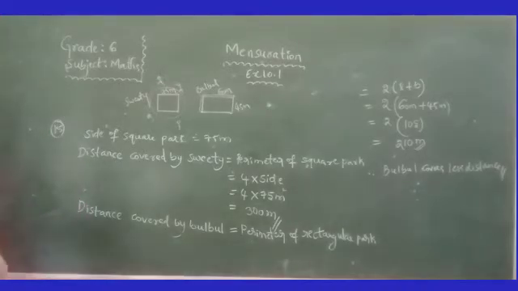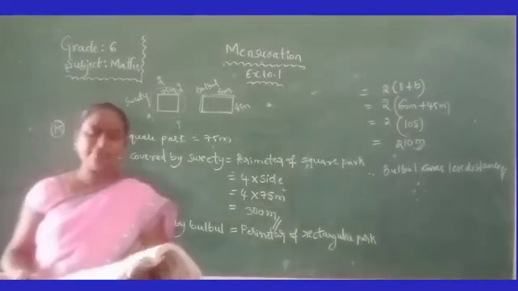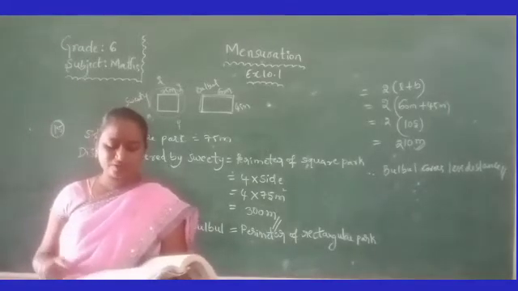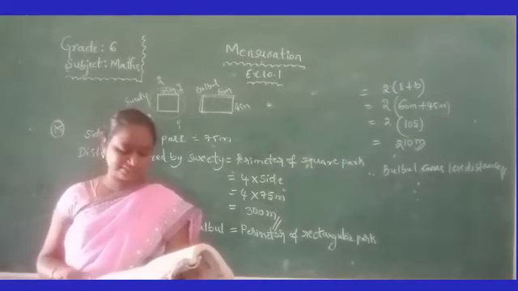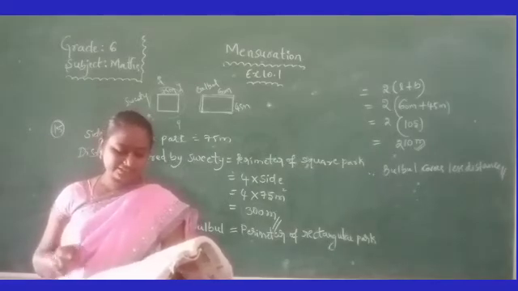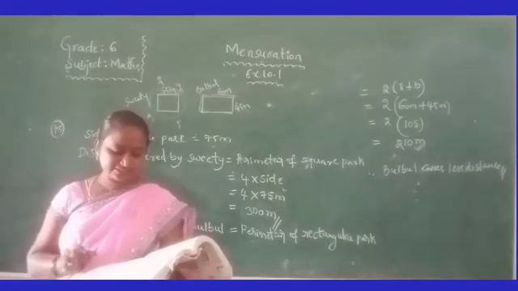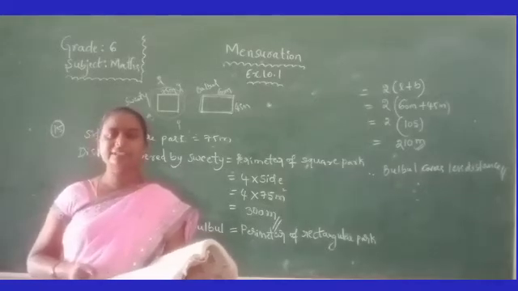What is the perimeter of each of the following figures? What do you infer from the answers? So here, what is the perimeter of each of the following figures? Here, how many figures are given? 4 figures. One is a square, the next a rectangle, the third a rectangle, and the fourth a triangle.